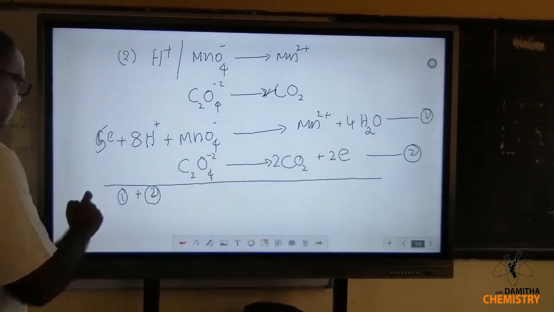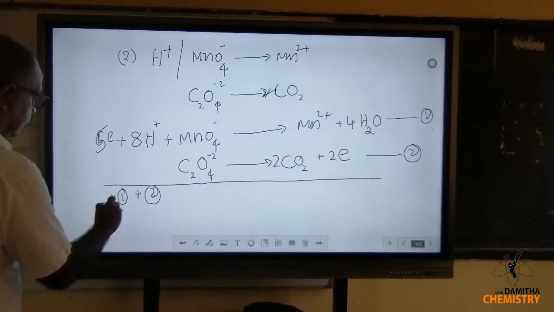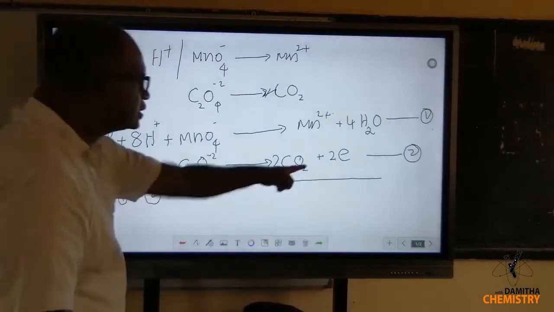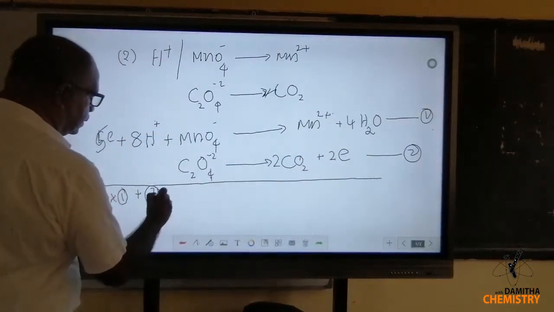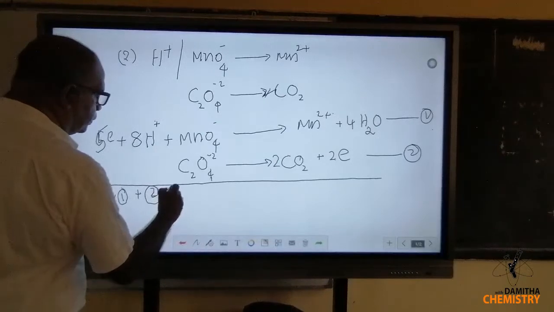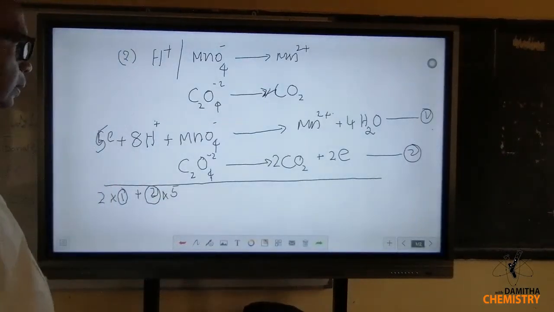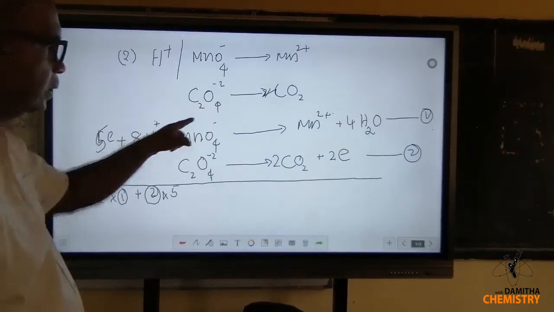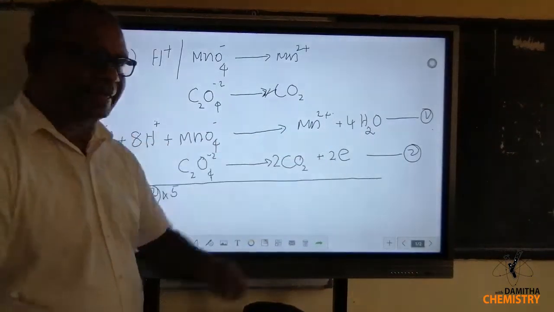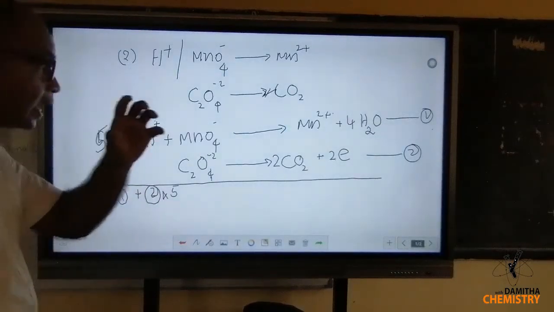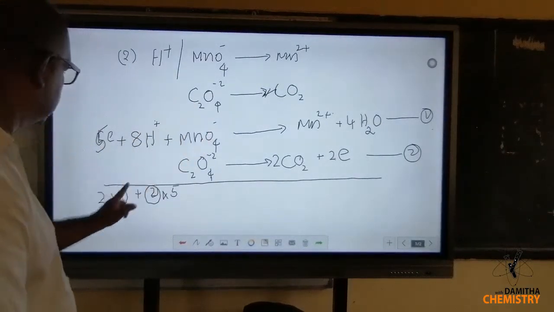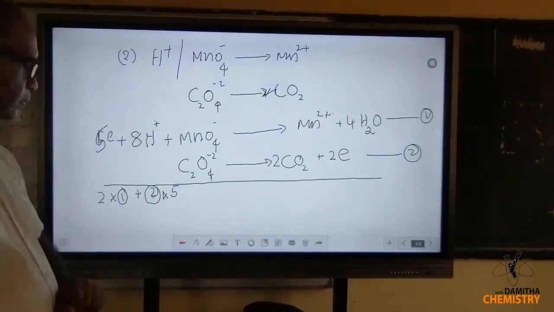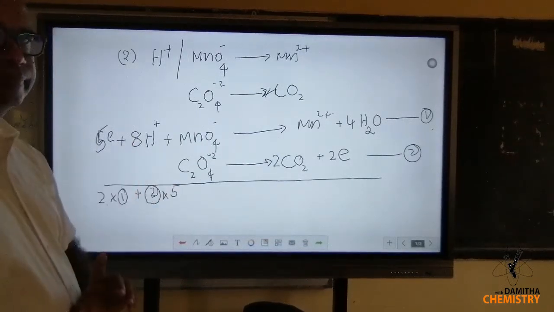Therefore, the first one is multiplied by 2, and the second one by 5. The first has 5 electrons, the second has 2 electrons. Therefore, first into 2, second into 5.